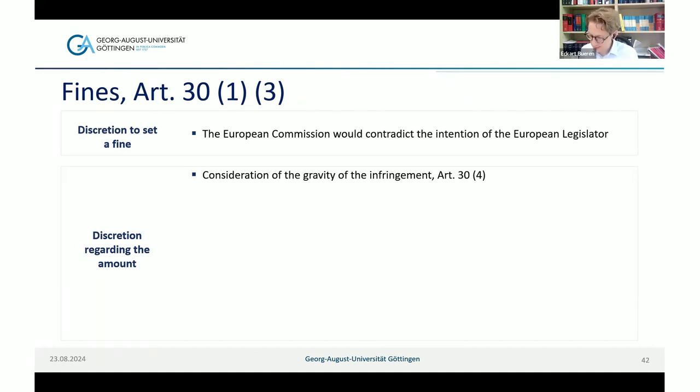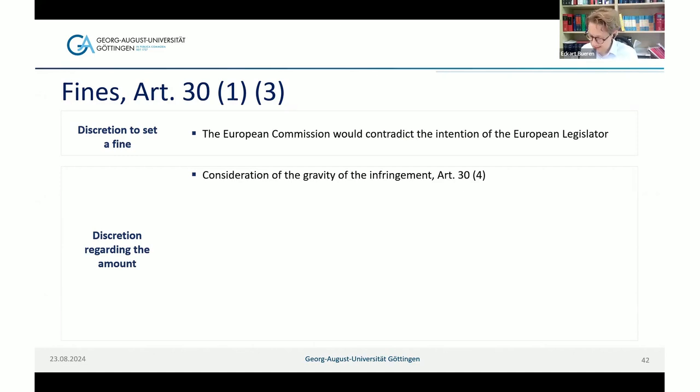And similarly, in DMA procedures, the impact of the behavior on fairness and contestability has to be taken into account, to the benefit of business users and end users.